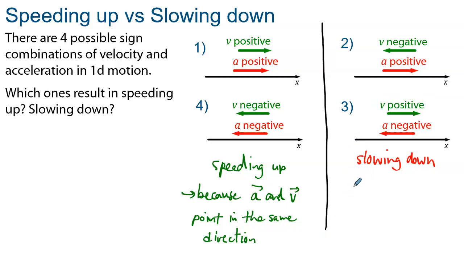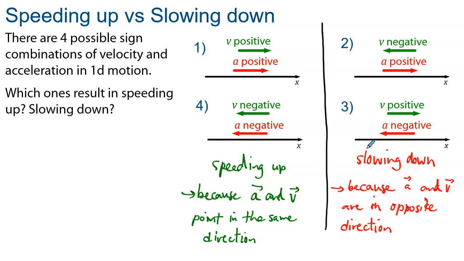So in cases like this, it is slowing down because A and V are in opposite direction. That's it. So we have 4 cases, and with this, we can decide whether an object will be speeding up or slowing down.